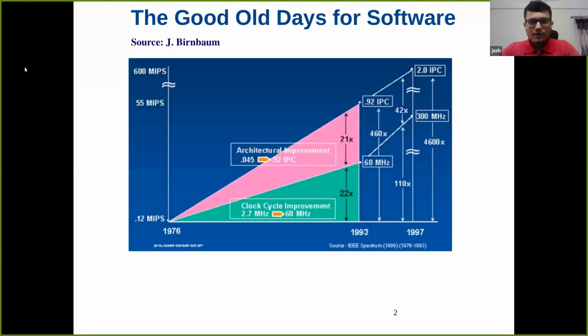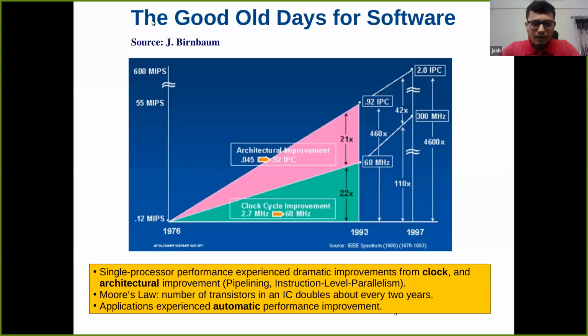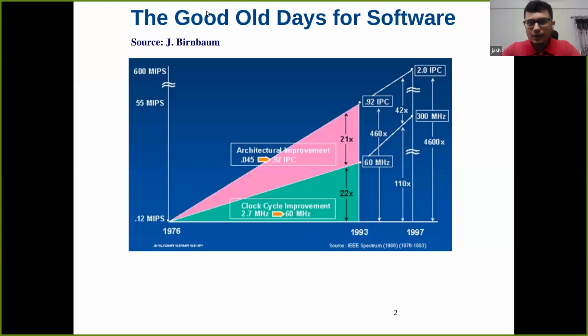If you can see this on screen, I hope that you are able to see the title. Sorry, are you able to see the screen? Yes. So this is the graph in which the x-axis has millions of instructions per second and the y-axis has the years.